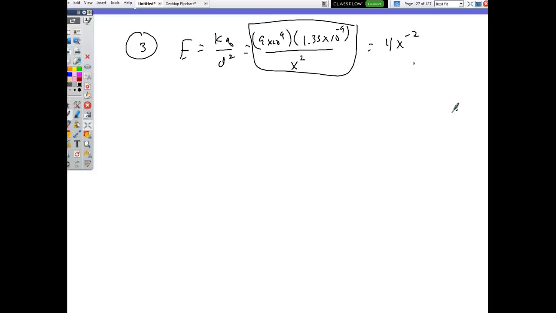So potential difference, between 4 and 1 meter. How am I going to find the potential difference? I'm going to integrate this thing, right? The voltage is equal to the integral of the electric field dx. So it's actually 12x to the -2. Wait, am I doing it wrong? When you multiply the tops, you get 12.